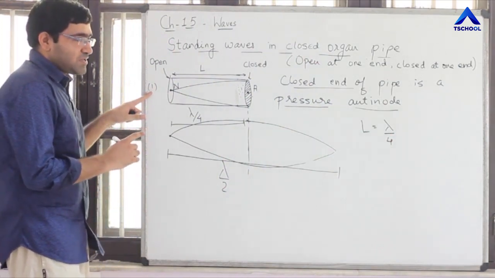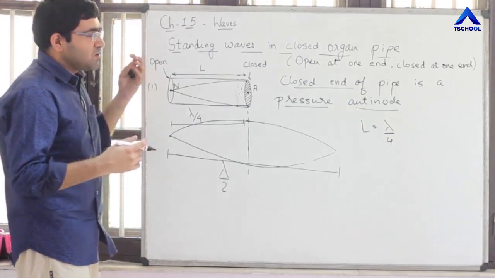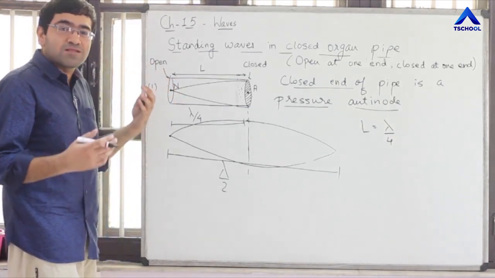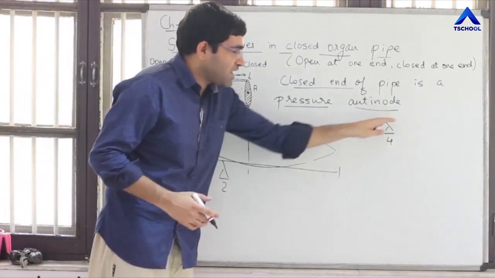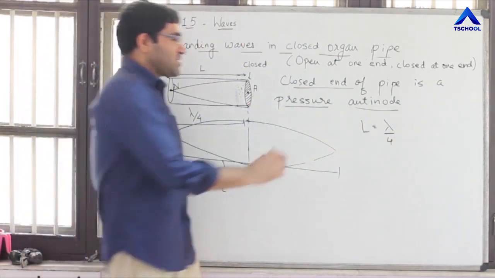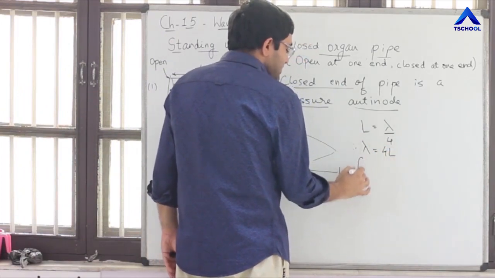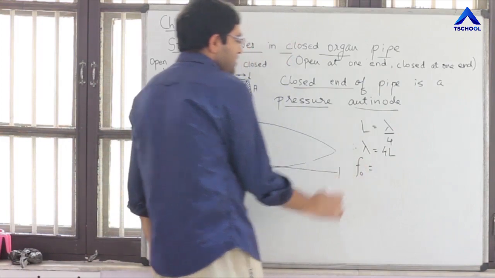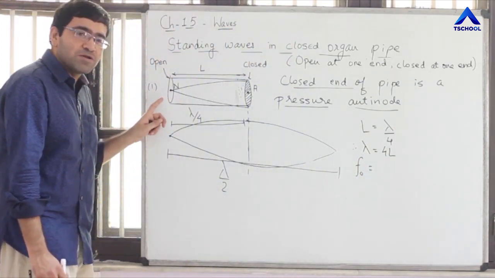I'm sure you realize that there is no other case, no smaller case possible. You are going to understand that even better as we draw the second or the third one. Anyway, L is lambda by 4. So that gives me lambda is 4L, and finally the formula of the fundamental frequency of this pipe. Remember, it's the first case, so it's the fundamental frequency.